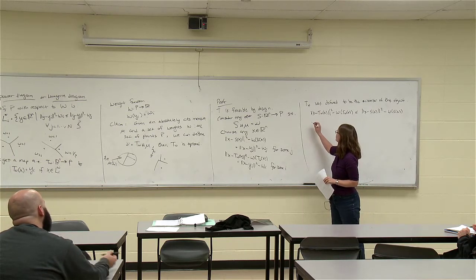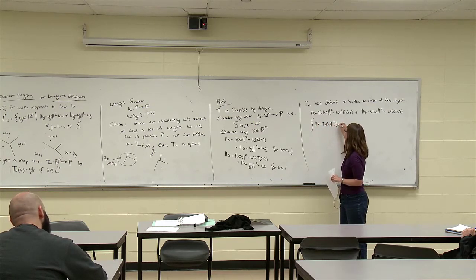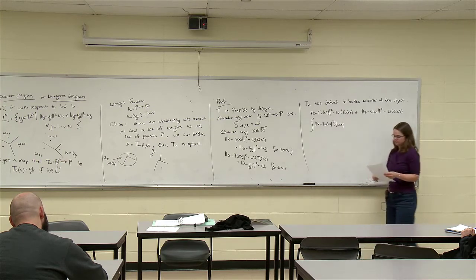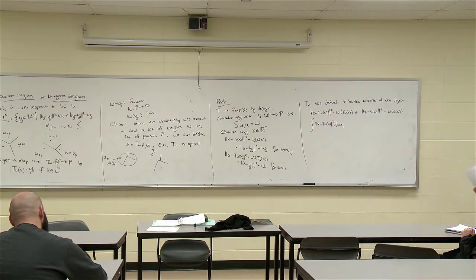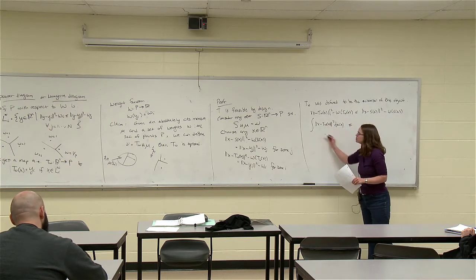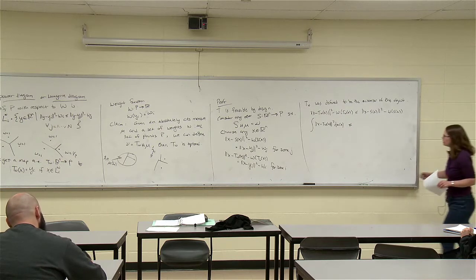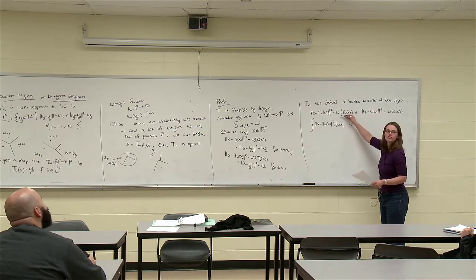So let's start with what we want. What I want is this. And I'd like to show this is less than or equal to the same thing with S. So right now I'm moving my weight function to the side.